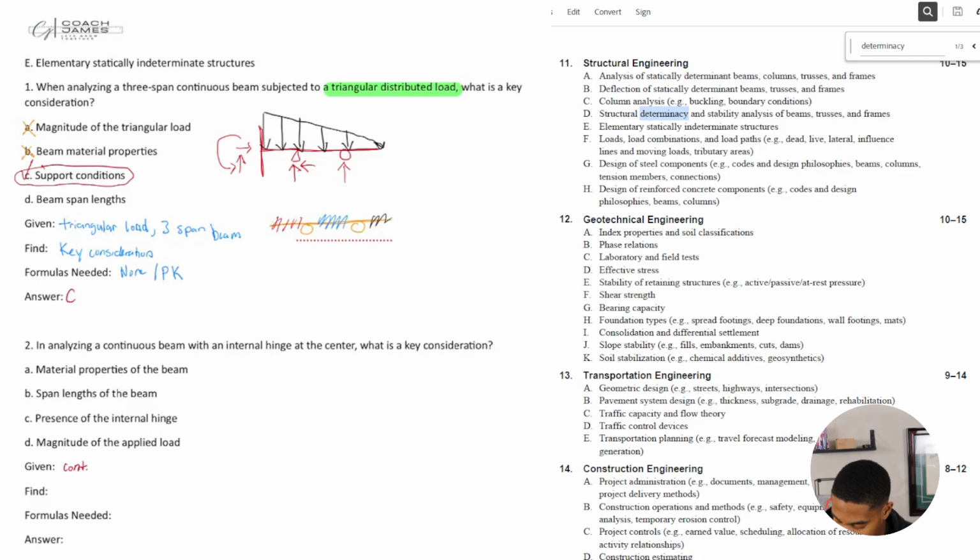It's a continuous beam, and there is an internal hinge at the center. Okay. All right, so we're trying to find the key consideration, right?